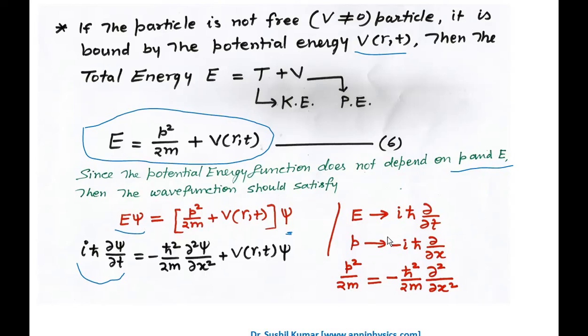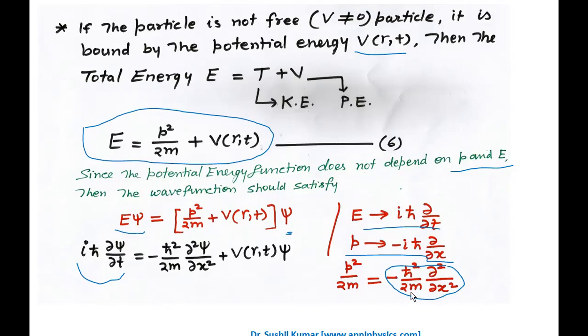So E is equal to iota h cross del upon del t, p is equal to minus iota h cross del upon del x, and the square of that, then after dividing by 2m, when I square it, p square becomes positive, i square h cross square del square upon del x square, and after that divided by 2m, this is equal to minus h cross square upon 2m del square upon del x square. So this is in terms of partial differentiation, the kinetic energy term, right?